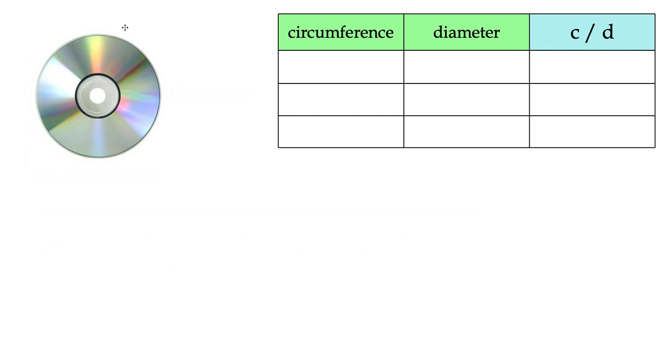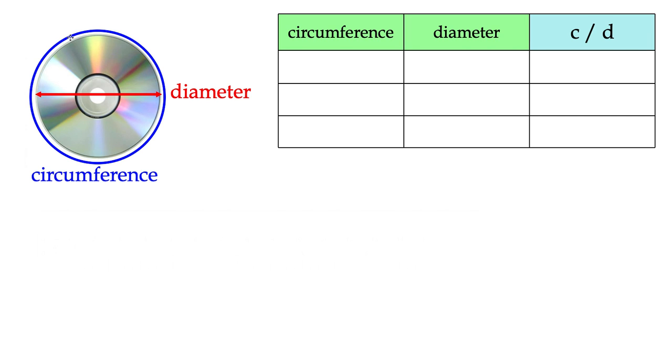The two things that we're going to measure are the diameter, which is the widest width of the circle. It has to go right through the center of the circle. So you're going to measure that somehow. And the other distance you're going to measure is the circumference, which is the distance all the way around the outside.